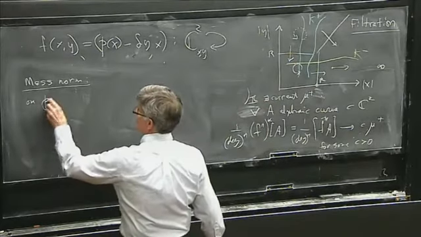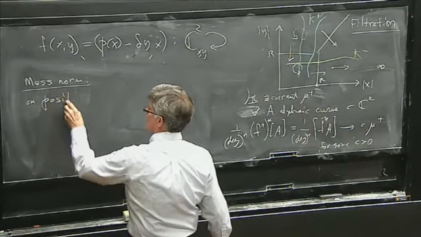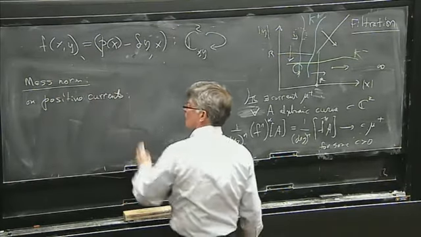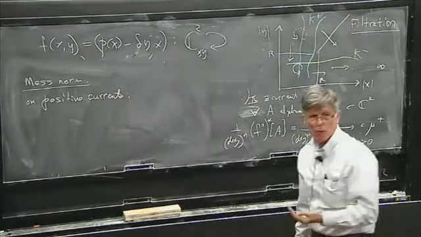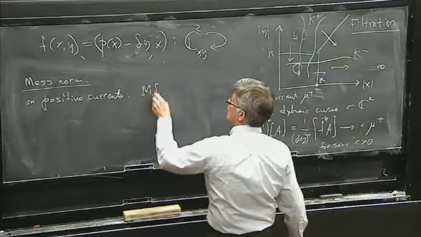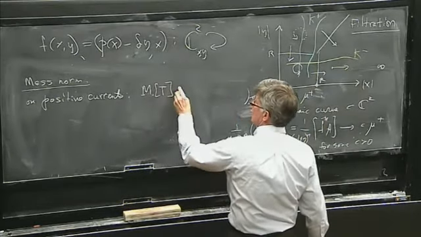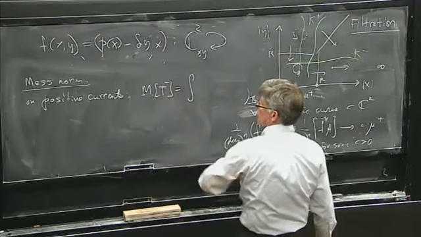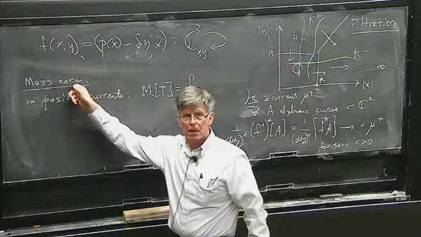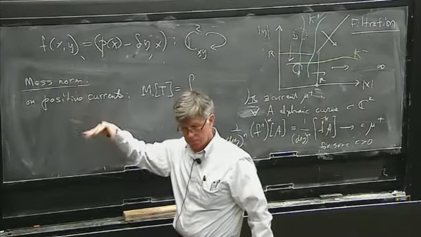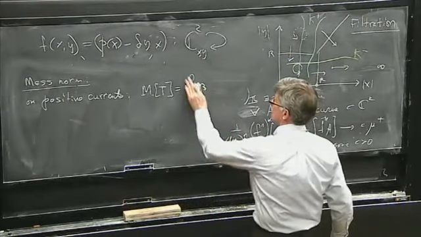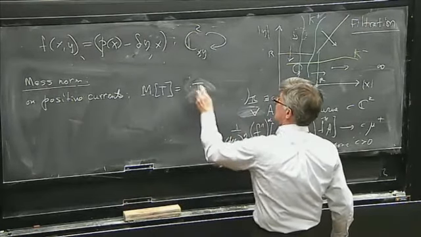On positive currents, the mass norm of T is given with respect to some metric. It's not metric free. And so I would integrate, I just pair T with the Kähler form.